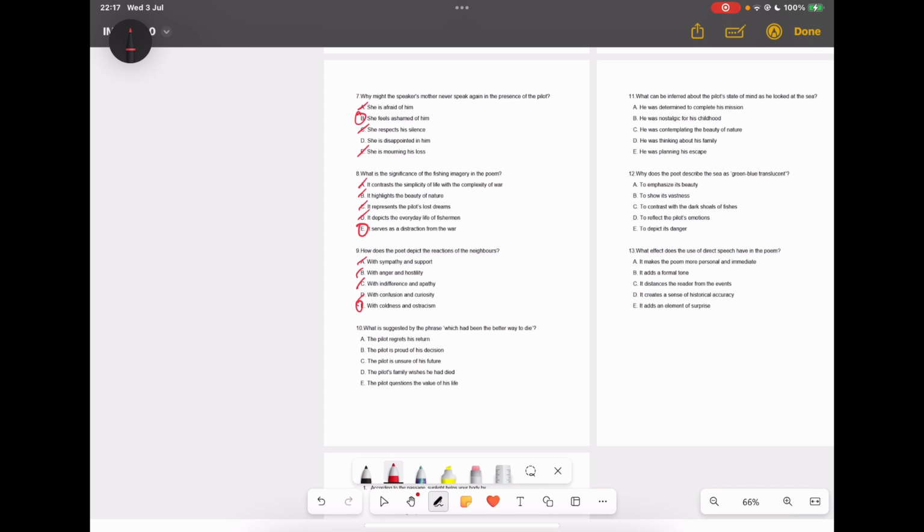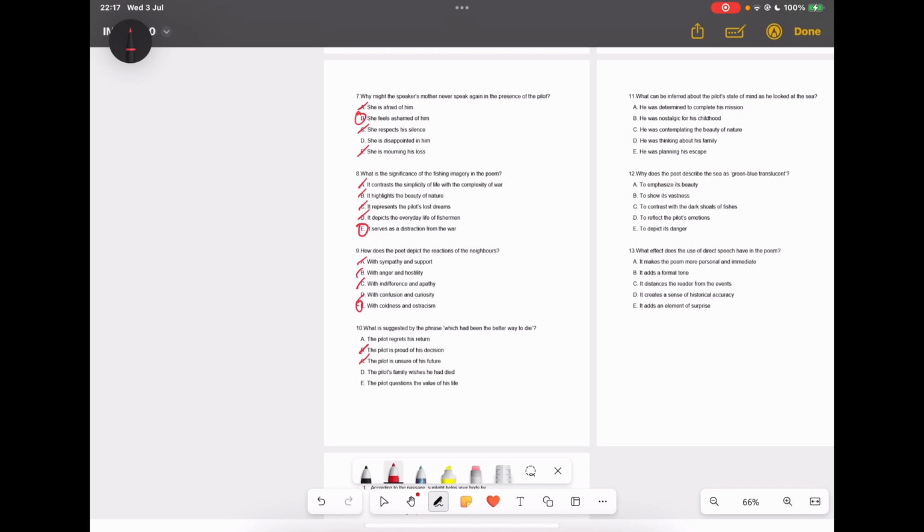Alright. 10. What is suggested by the phrase which had been the better way to die? So A, the pilot regrets his return. B, the pilot is proud of his decision. No. C, the pilot is unsure of his future. No. D, the pilot's family wishes he had died.